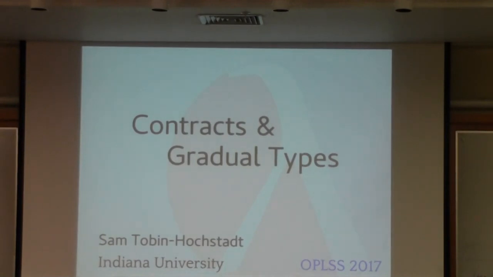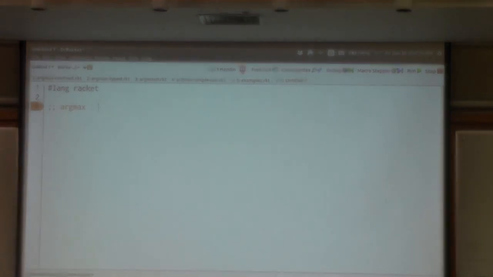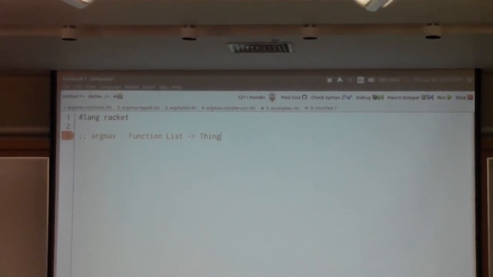There we go. So here we go. Argmax. And the specification for Argmax, we just said it takes a function and a list, and it produces a thing.